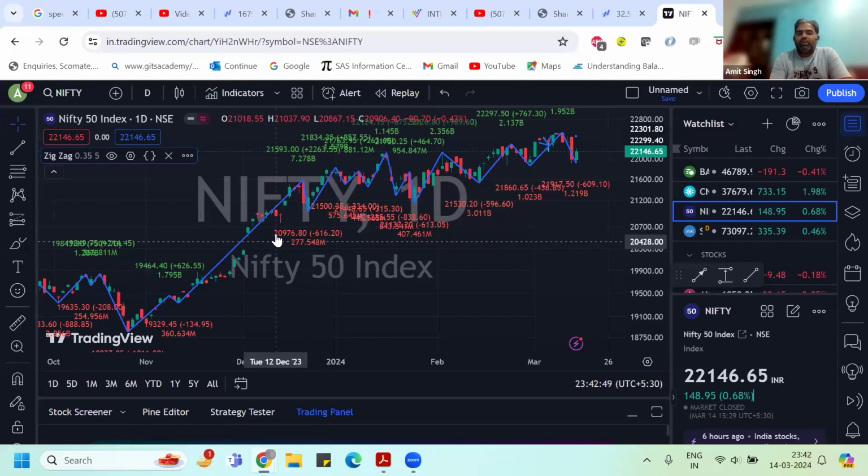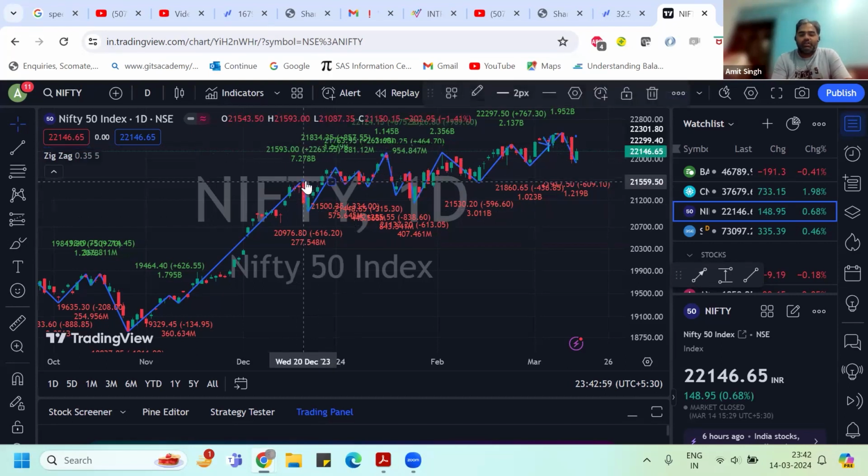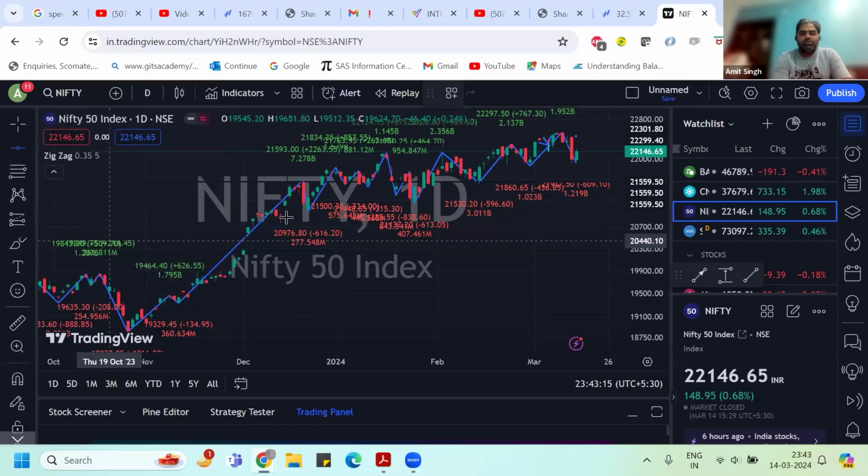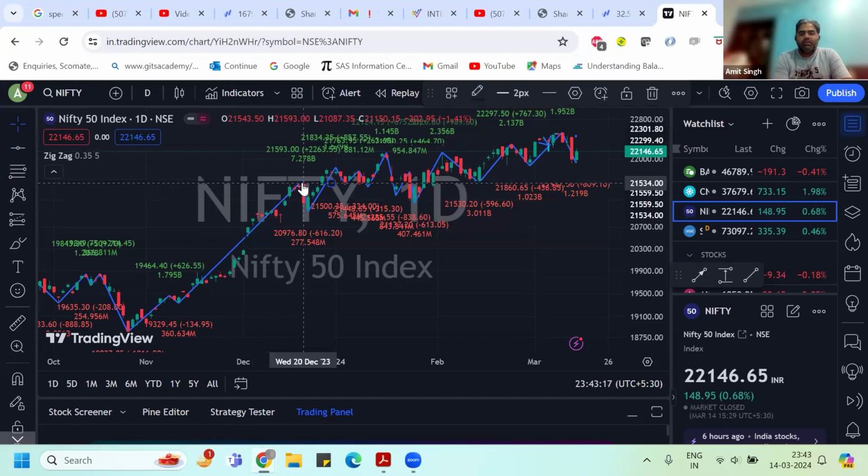Here, what I can do is quickly draw a horizontal line by using the shortcut key Alt H. So if I press Alt H, with this horizontal line Alt H, one minute. In case you're not able to do it, just go here.